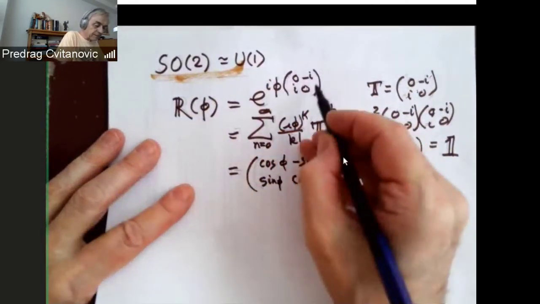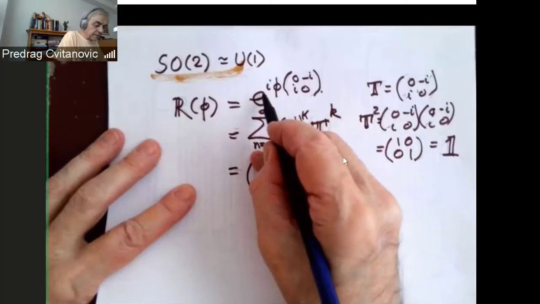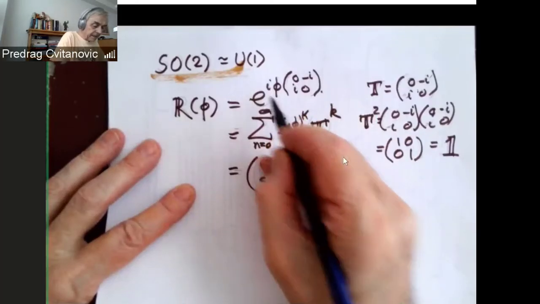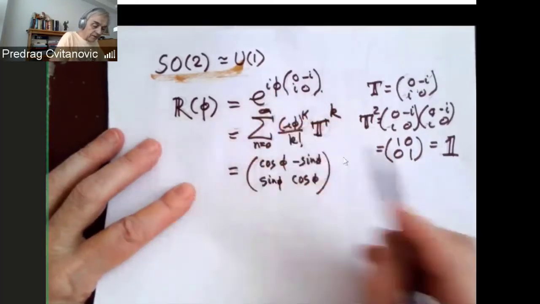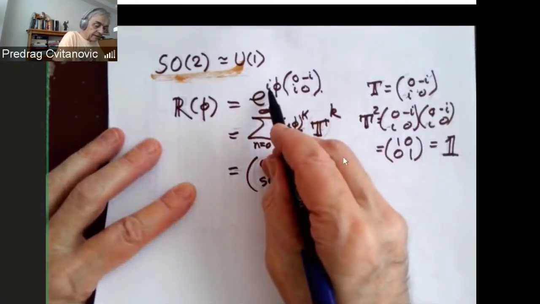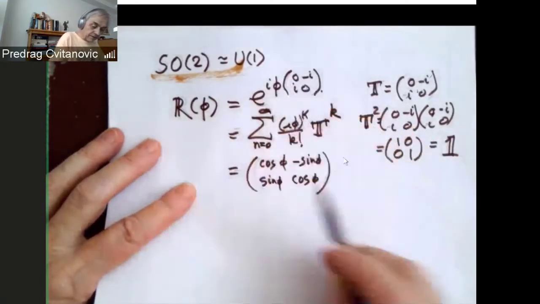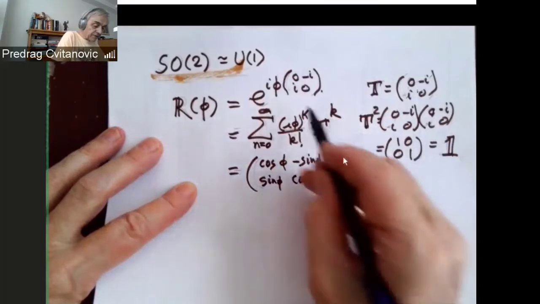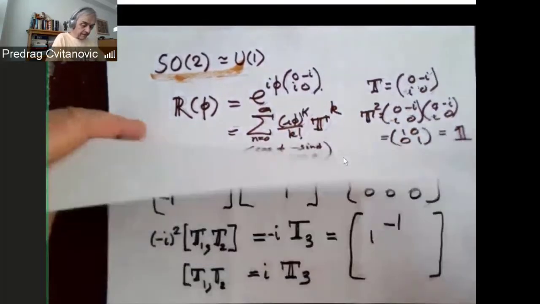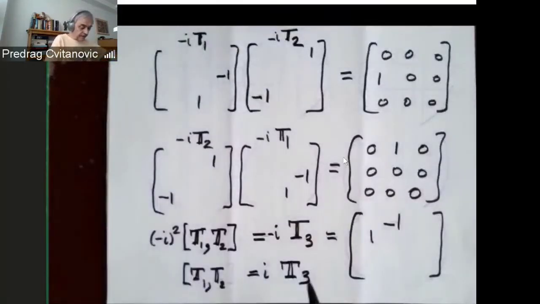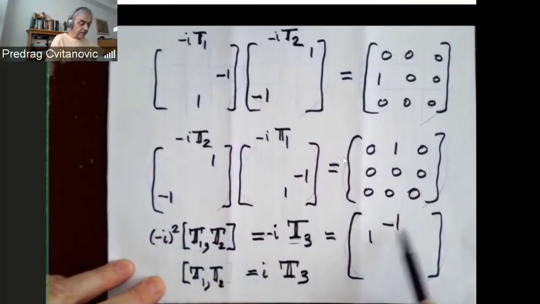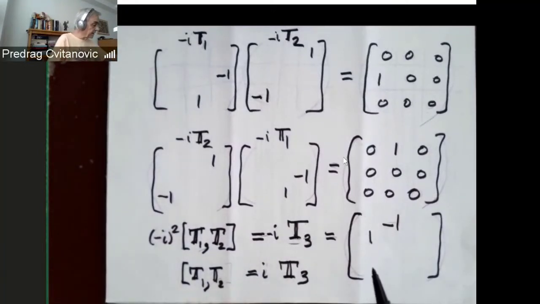So this is a Hermitian matrix. And unitary means there is an I here. Now, if we multiply them out, so if I take I times the generator, I'll get a matrix just with real entries. And that's why this combination is just as ones instead of I's in it.